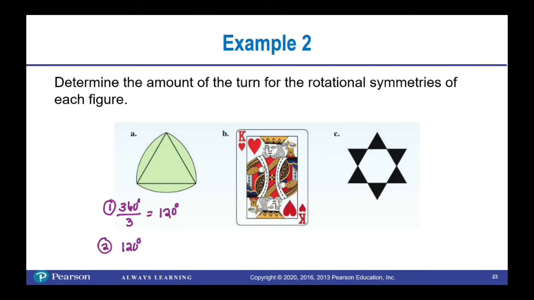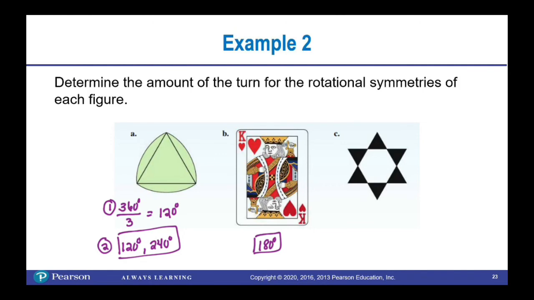That means I can rotate this figure 120 degrees or any multiple of 120, 240, and my figure will look the same. If I add another 120 degrees of rotation, I'm back to 360, which is where I started. Notice that part B has only 180 degrees of rotational symmetry.